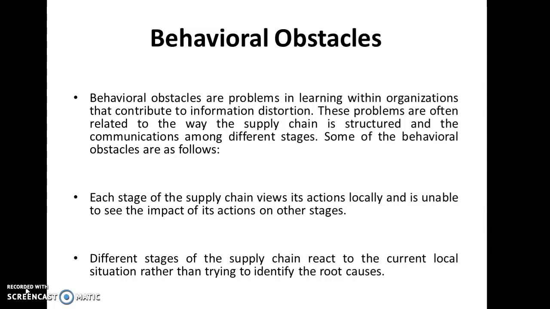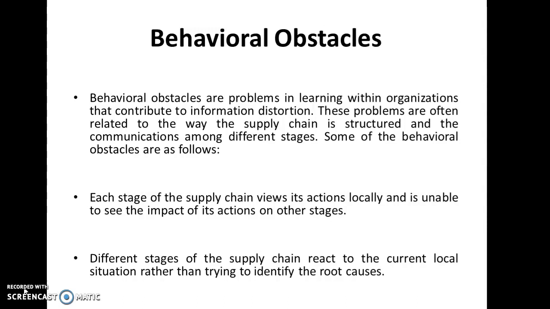Some of the behavioral obstacles are: first, each stage of the supply chain views its actions locally and is unable to see the impact of its actions on other stages. That means each stage focuses on its actions locally without understanding that the actions will also have an impact on other stages.